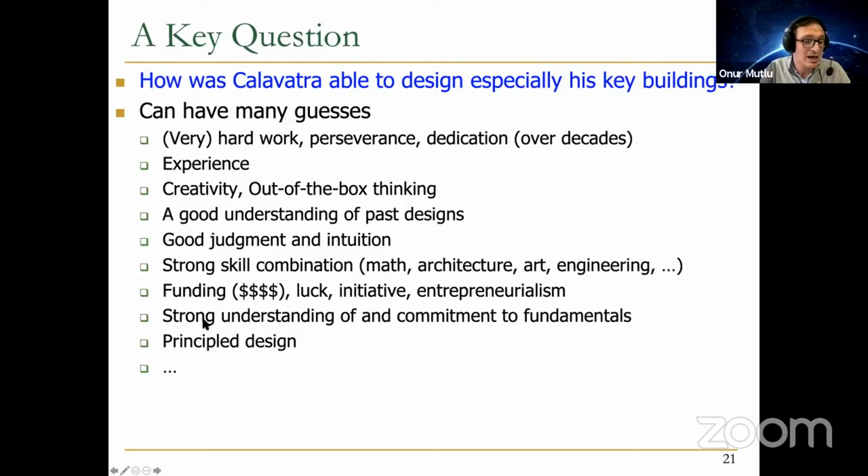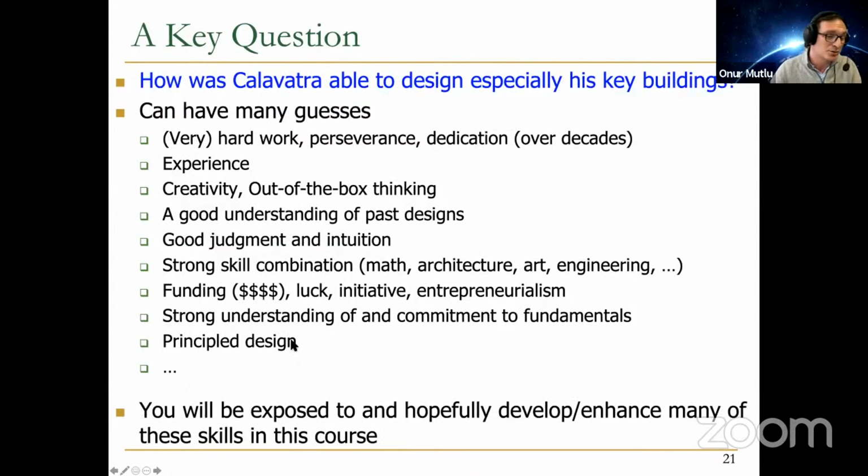And I think two other very, very important things that you can build in this course, in addition to the first several ones potentially, is strong understanding of and commitment to fundamentals and principled design. So I'm going to focus a lot on those two especially. But I think you will really be exposed to and hopefully develop and enhance many of these skills in this course.